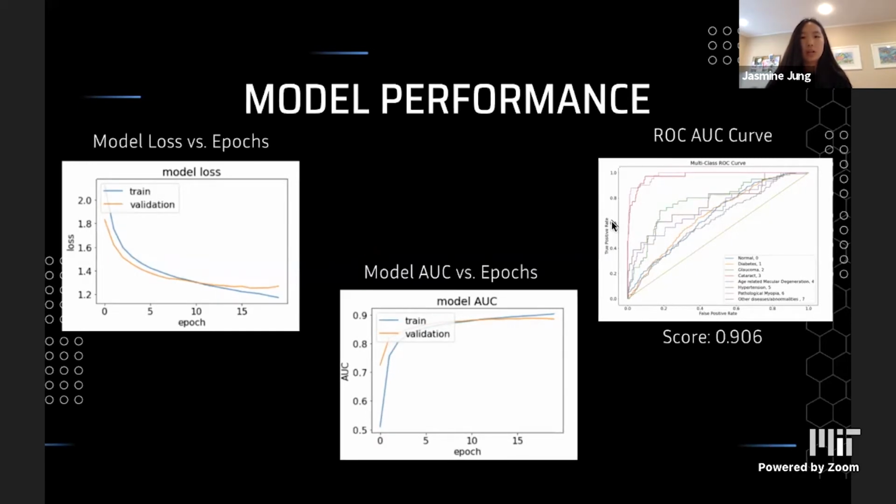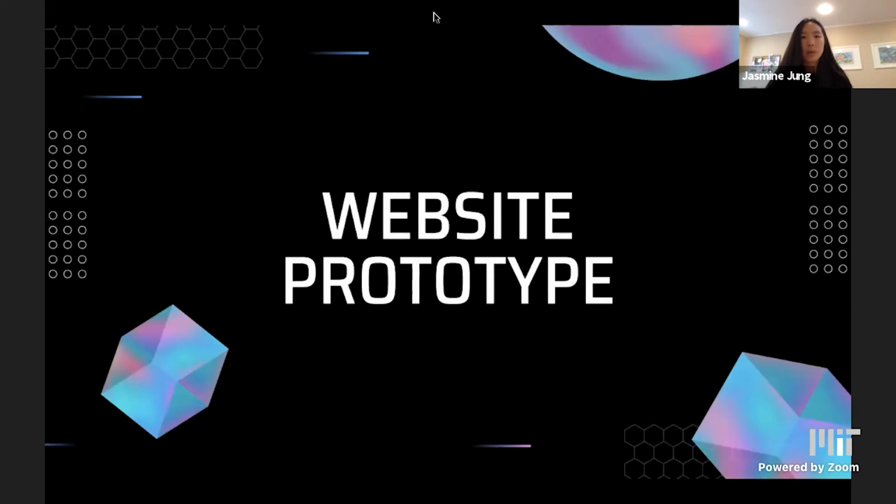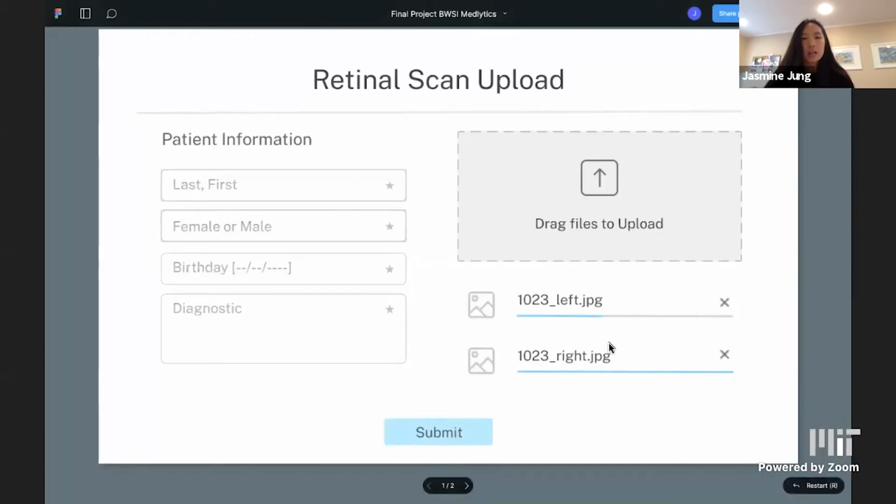Now on to our website prototype. First, we have the site where ophthalmologists can upload patient data, such as name, biological sex, birthday, and their diagnostic keywords, as well as images of patients' left and right retinal scans.